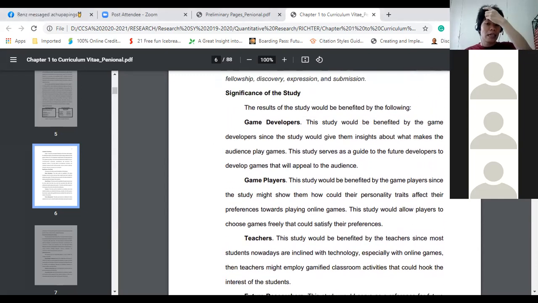The connection of the significance of the study to the recommendations is that these are the very people that you will give suggestions to. So going back to recommendations, these are the very people that can benefit from your study.